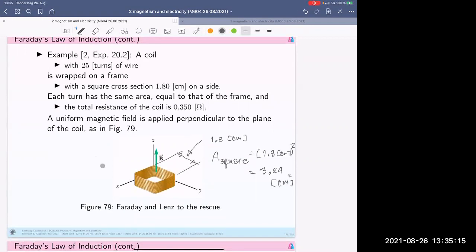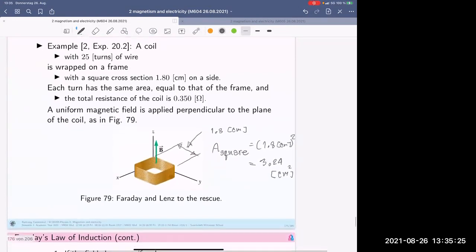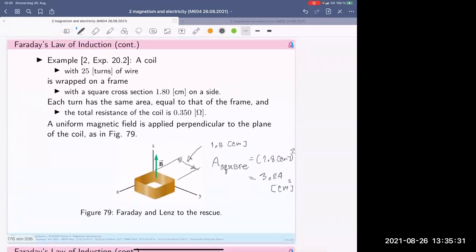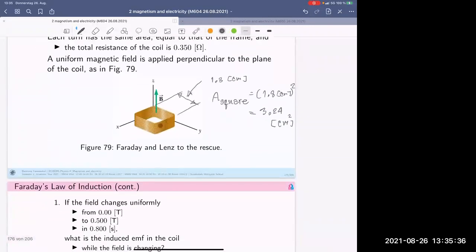A uniform magnetic field passes through this coil with 25 turns, and we have 0.35 ohms of resistance for the whole length of this conductor. The magnetic field is perpendicular to the plane of this coil, which means it has 0 degree to the normal vector of this plane.